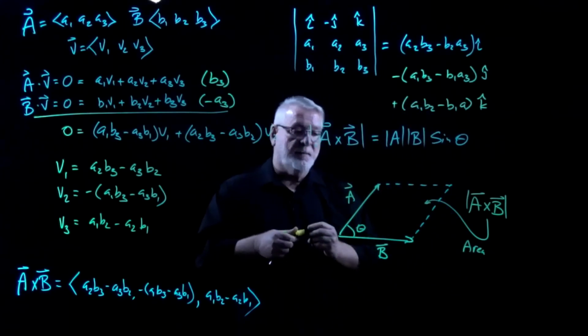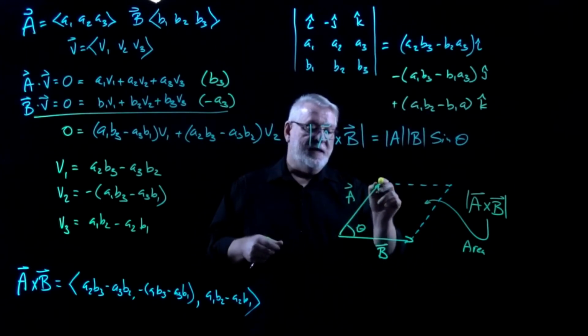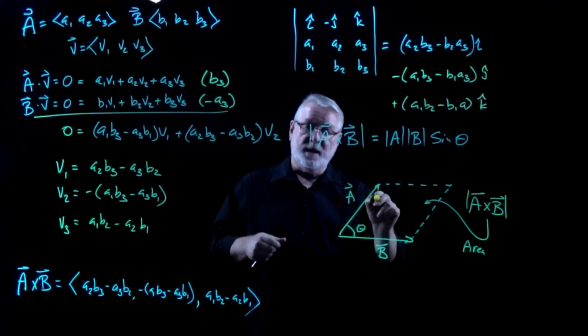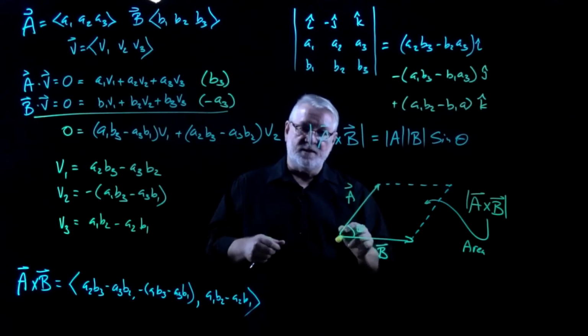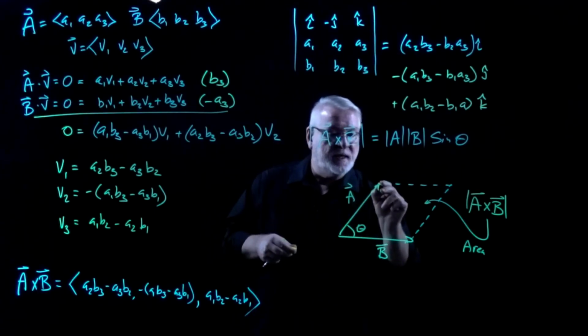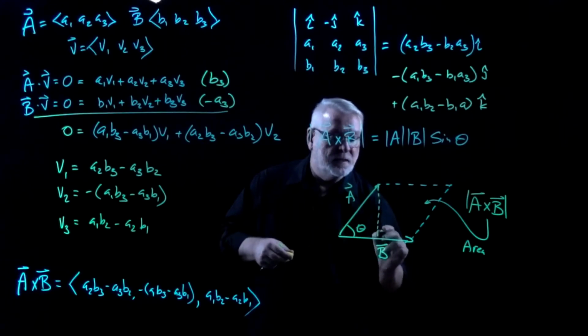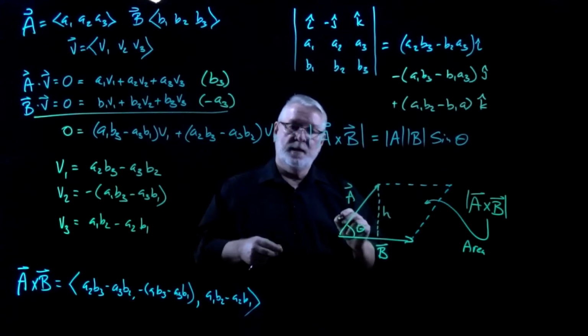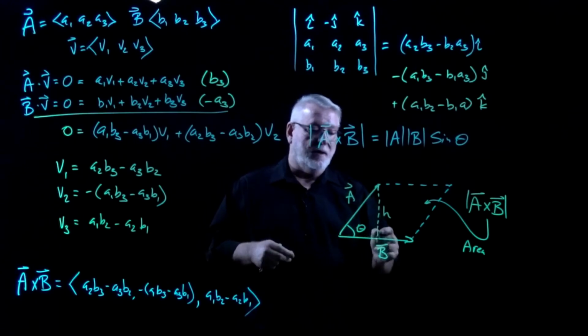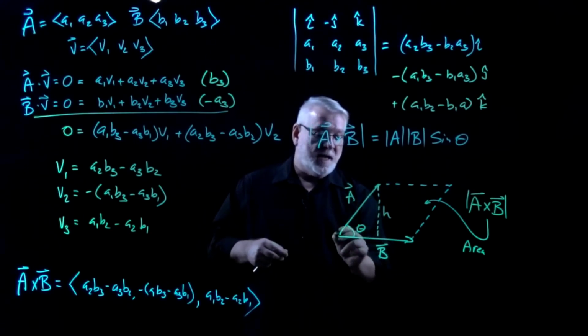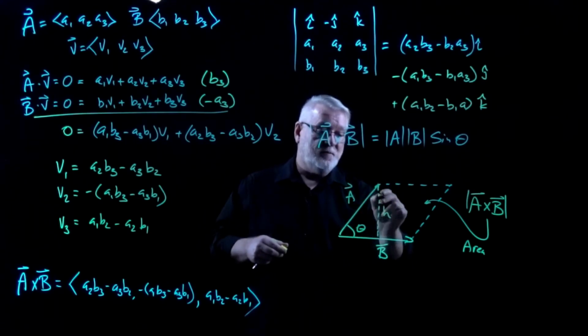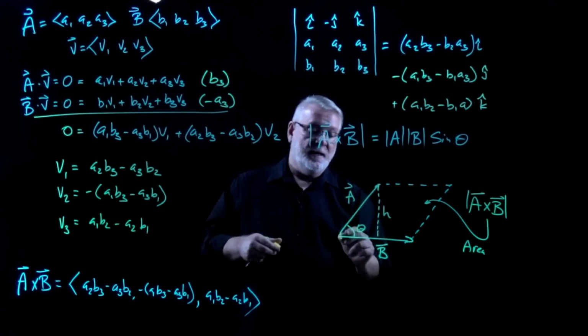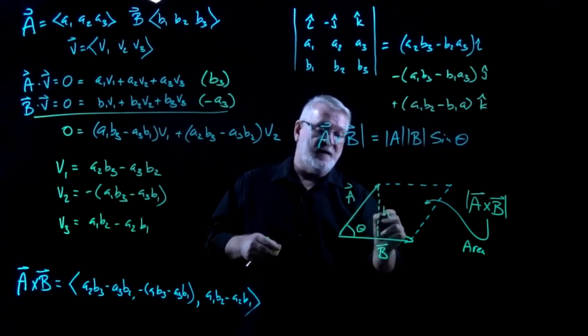And of course, there's a couple of ways to calculate the area of a parallelogram. One of the easiest ways drops a perpendicular line to its base and calls that the height. And of course, the area of a parallelogram is the height times the base. Now, the height won't be the same as the length of a side, but it is related to the sine of the angle.